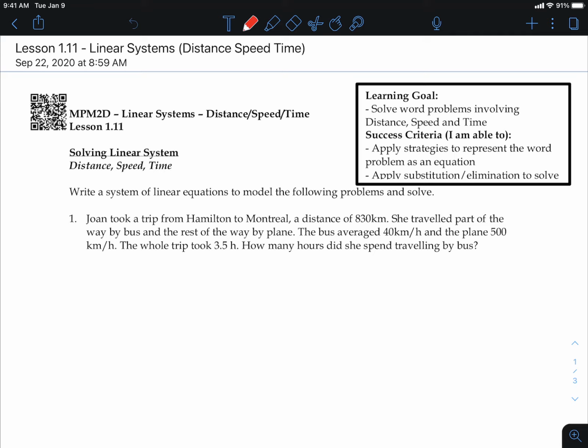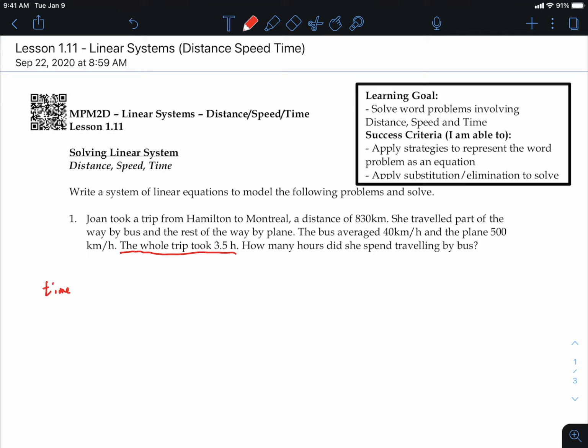Okay. So, when I look at these distance time questions, like the last one where I had money and amount, I had two different equations. You're going to have two different equations like all your linear systems, except if I start seeing them talk about time, that's going to be one of them.